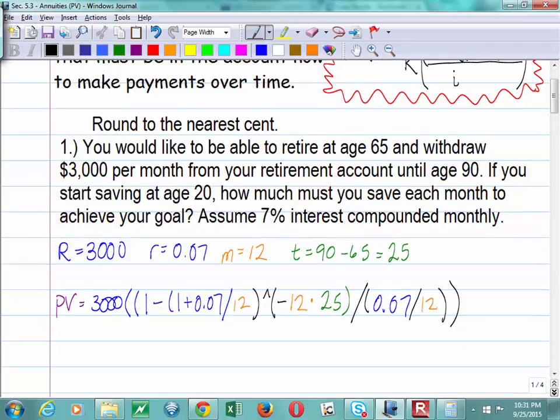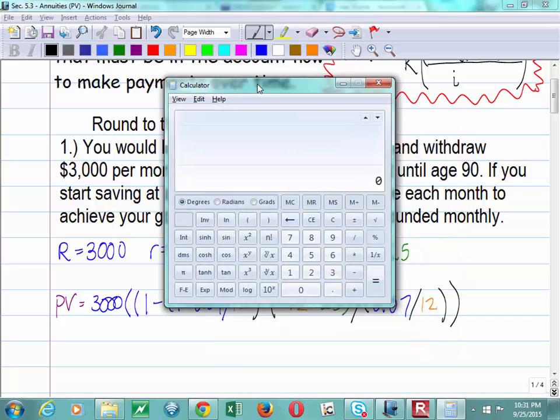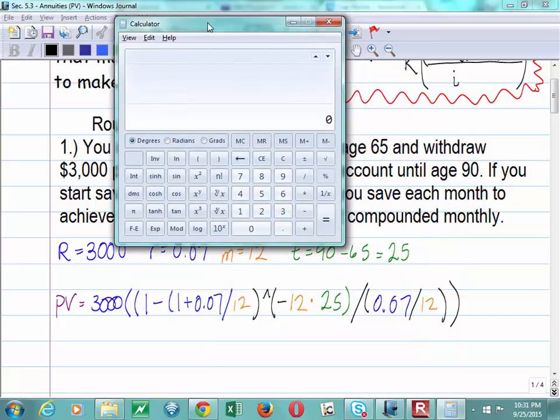Alright, so let's put that into the calculator and see what we can come up with. Oops. As usual, I forget to put my multiplication.